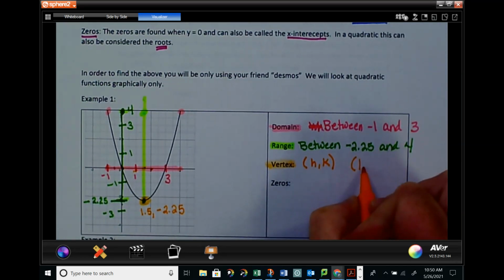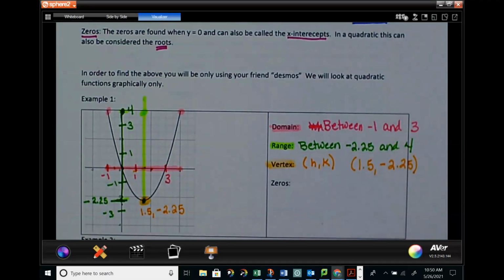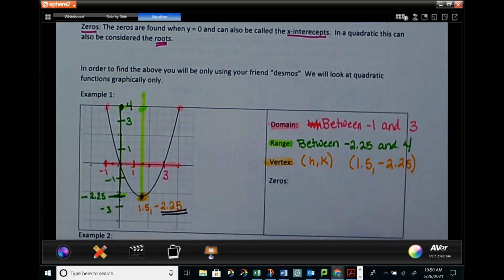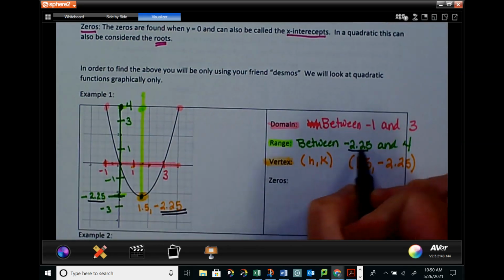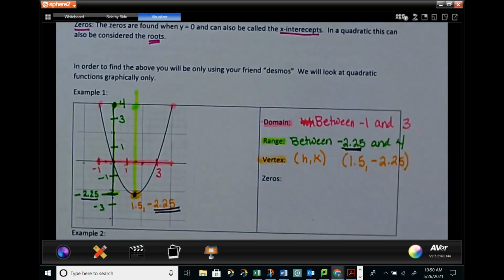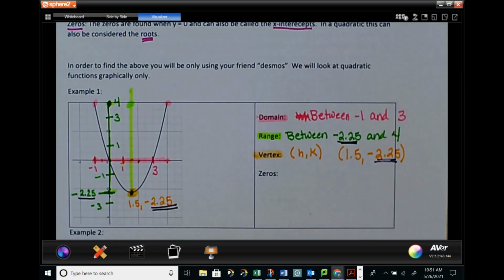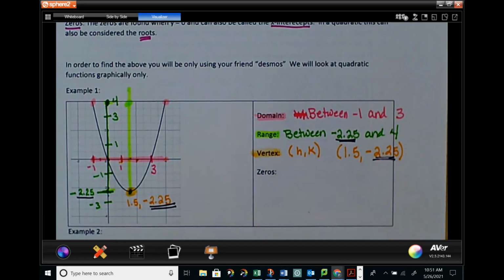So it's 1.5, -2.25. Now the coolest thing about your vertex is that -2.25 happened to be the same as part of your range. That's not a mistake.